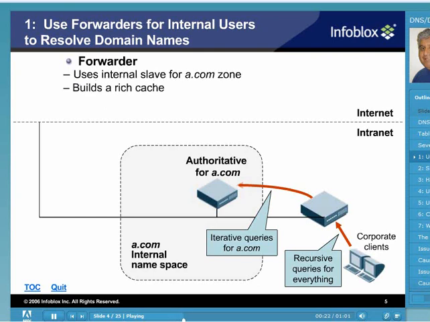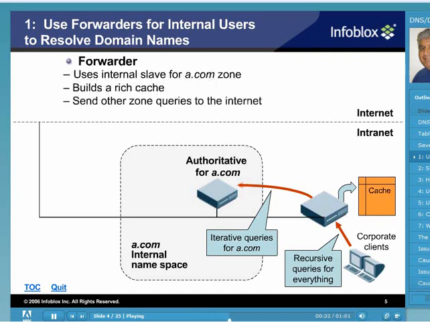Once the named server is designated to be a forwarder by the master named server, all the offsite traffic will be routed to the forwarder, greatly protecting the internal named servers from attack. The forwarder does name resolution for internal clients for its zone, a.com in this example. All queries intended for the internet will be served from its cache if possible.